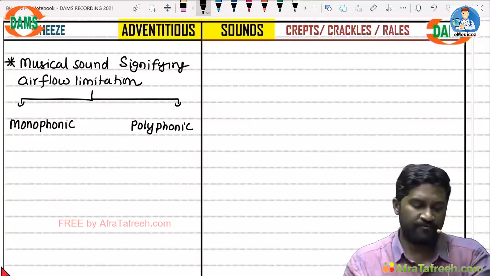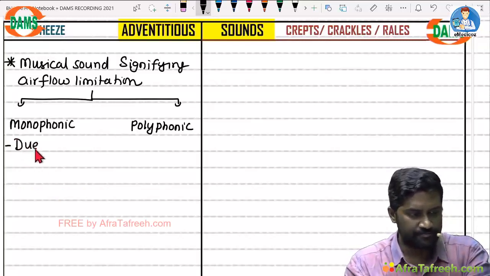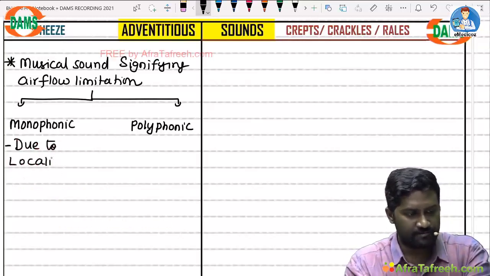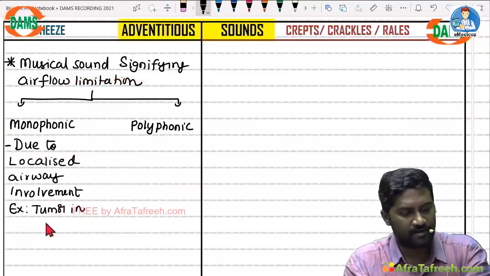So monophonic wheeze is due to localized airway involvement. An example is a tumor in the bronchus.